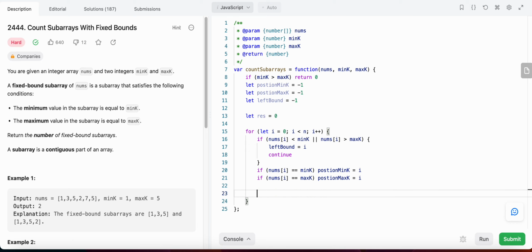And then next we calculate our count. Basically this is the start of our subarray. So start would be equal to the min of position of min k and position of max k.